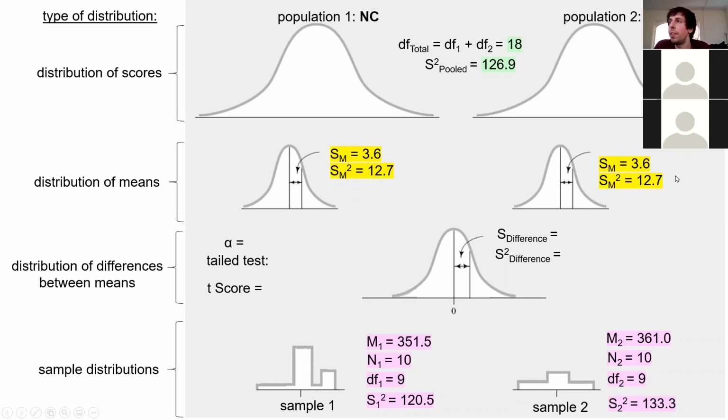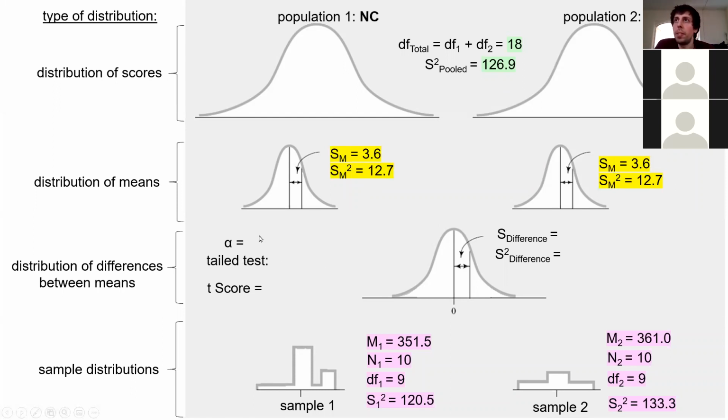Because the variance is the same for both of these sampling distributions, that's how we have these values here. We got to 3.6 by taking the square root of 12.7, because for a given distribution, the square root of its variance is its standard deviation.